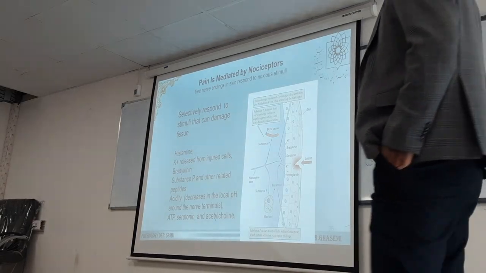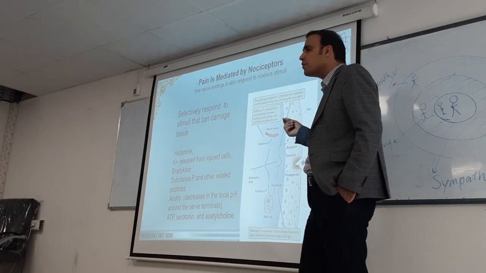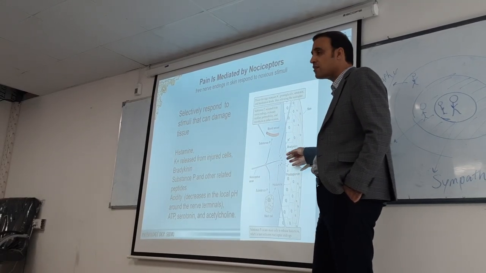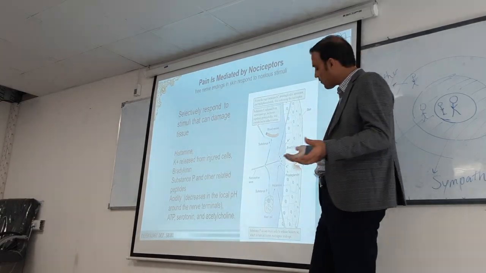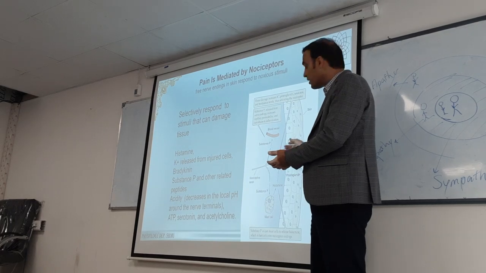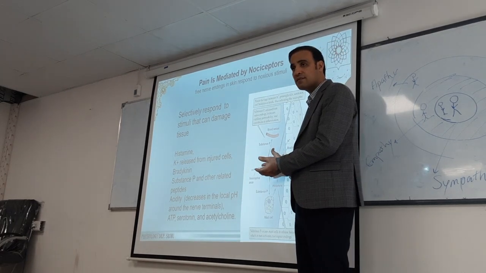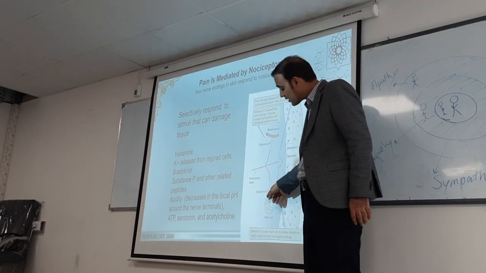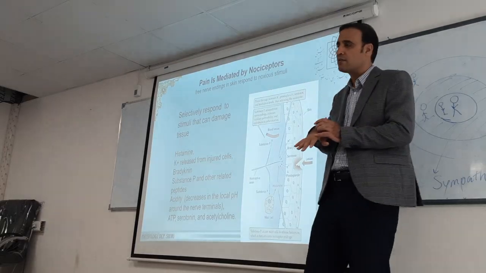These nociceptors are sensitive just to damage. For example, there is damage to the tissue. These cells are releasing potassium ion because the cells are dying. Therefore, potassium, serotonin, bradykinin, hydrogen ion, and prostaglandins are released, and they also activate the mast cells in this area, for example in the skin.